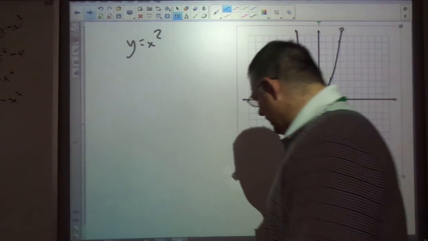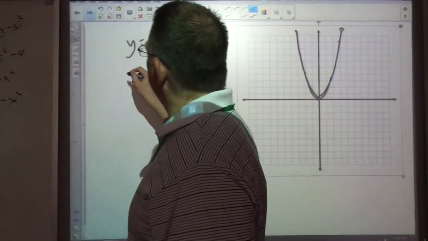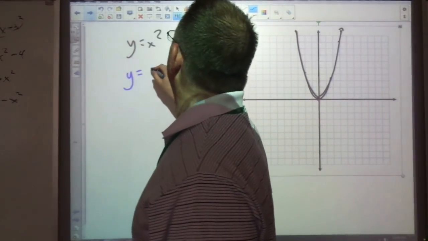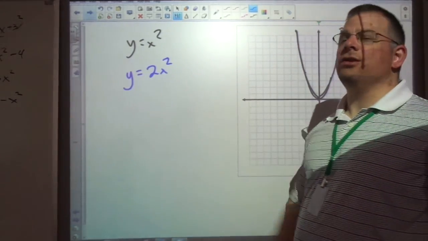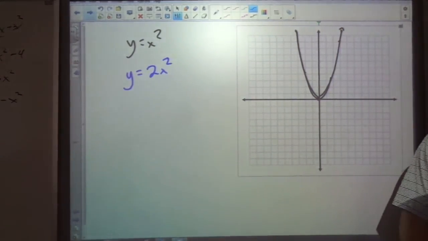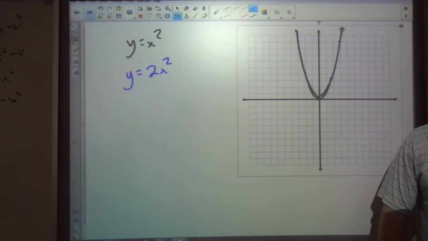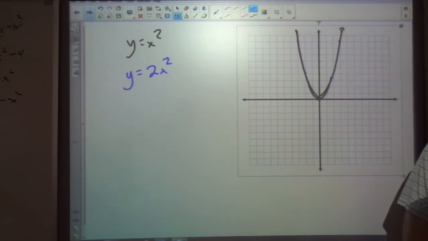Now what happens if I decide to make it 2 x squared? What is the 2 in the front? How is that going to affect your graph? This was on the back of the worksheet. What happened when you put a 2 in the front?